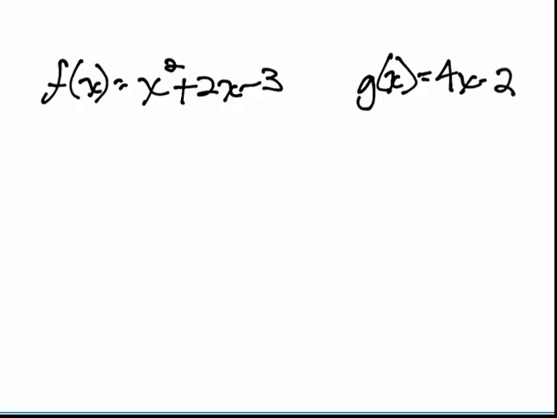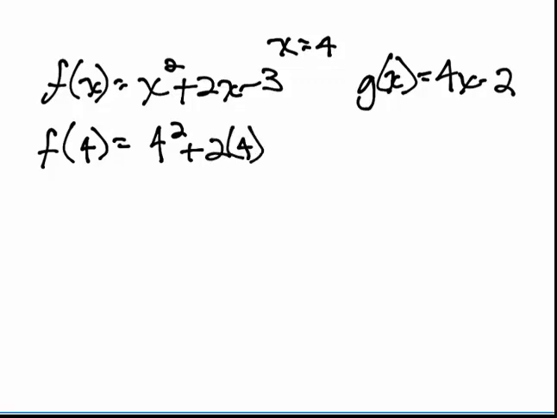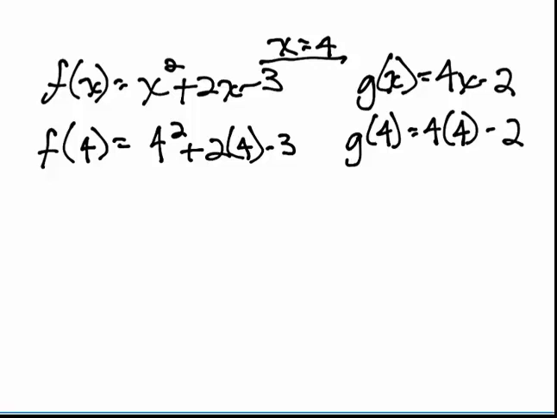So in both cases, our x is going to equal 4. So x equals 4. We would say f of 4 is equal to 4 squared plus 2 times 4 minus 3, and our g of 4 would be 4 times 4 minus 2. We are simply replacing the x with 4 because they have told us x equals 4.